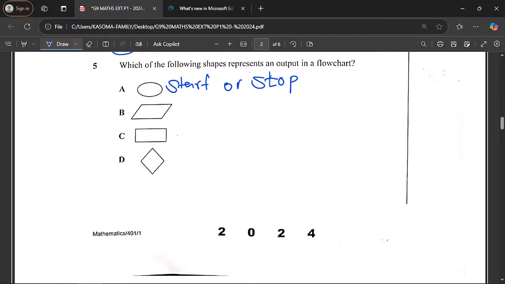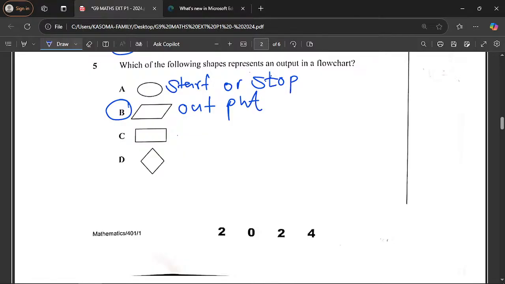What does the parallelogram symbolize on the flow chart? Okay, so parallelogram symbolizes output, and the question is asking us to find which one symbolizes the output, and that is the one there.